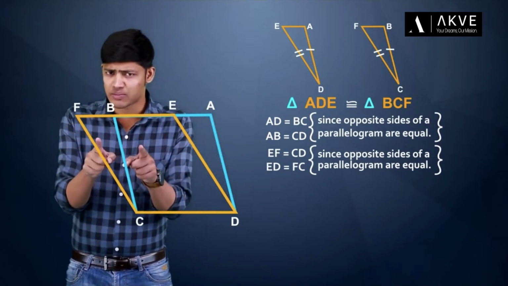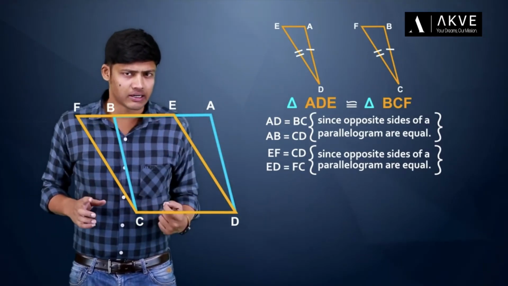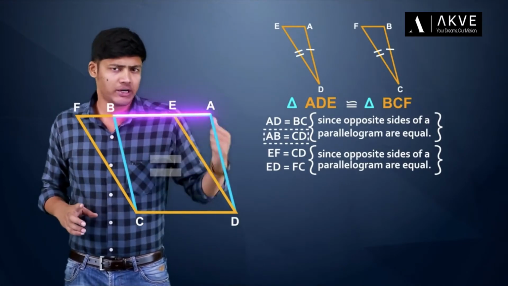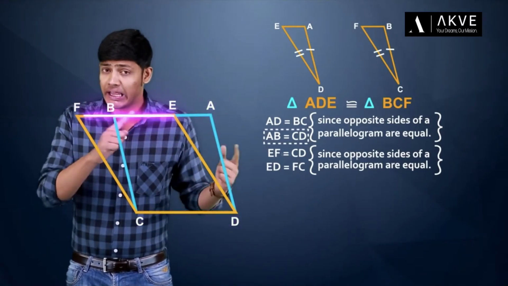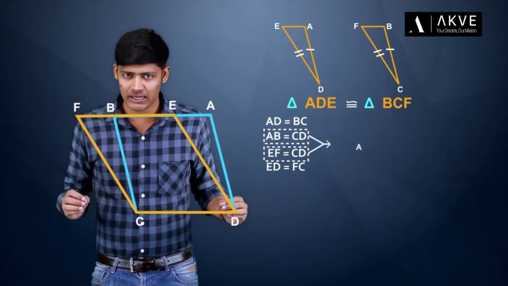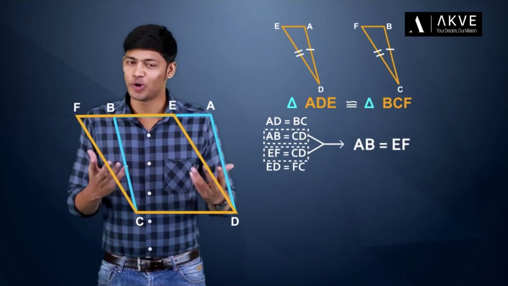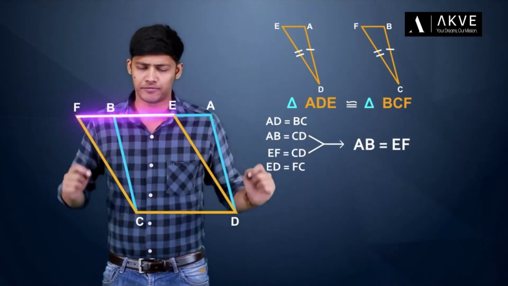Now, let's observe these carefully. Here we can see that AB is equal to DC and also EF is equal to DC. So, we can conclude that AB is also equal to EF. So, AB equals EF.